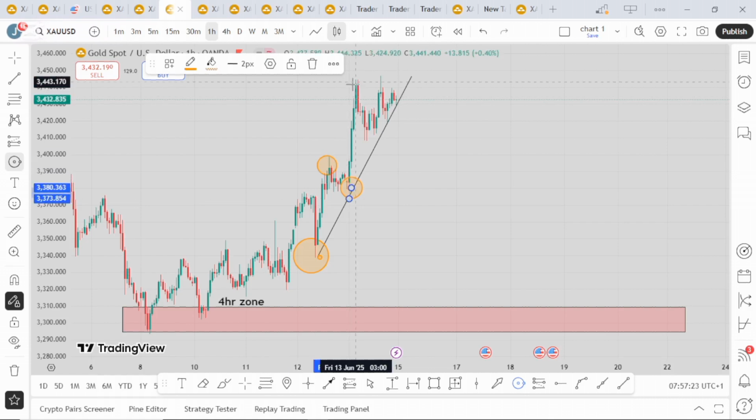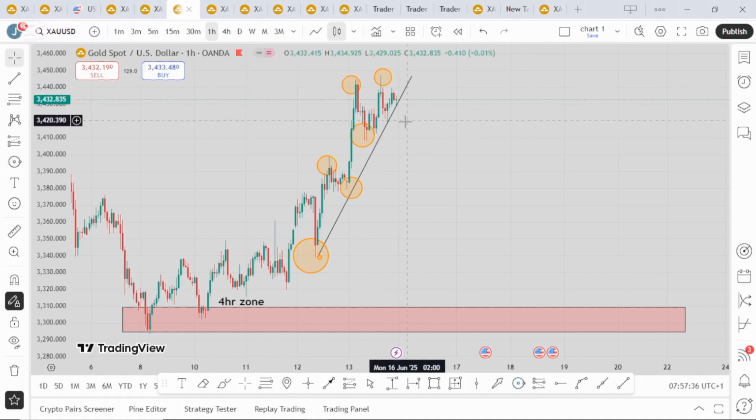Then this one was from, yeah, we are going bullish. Then we saw that this one also is from.